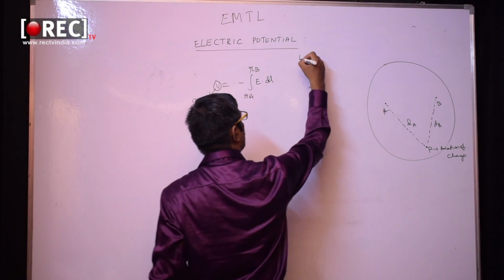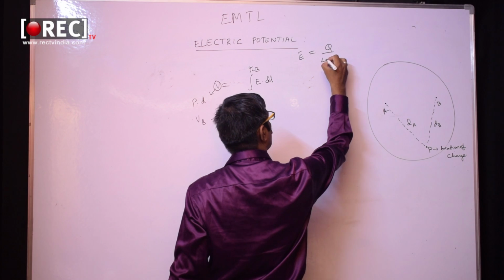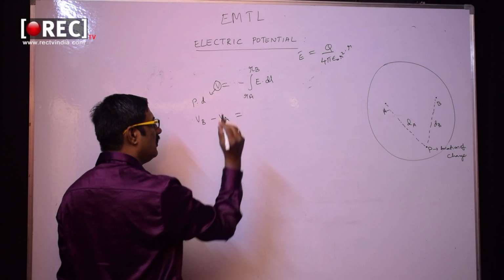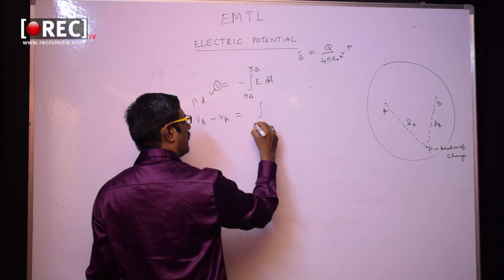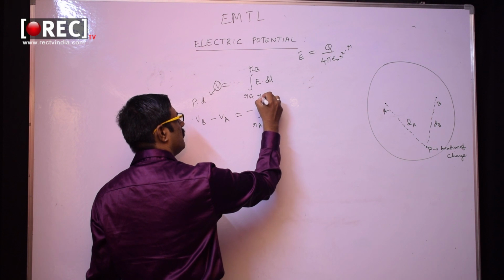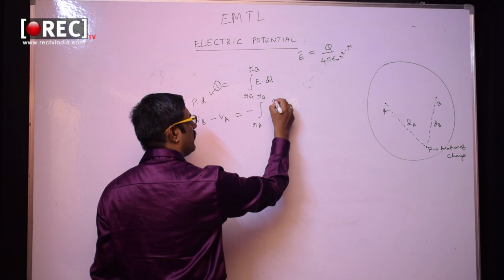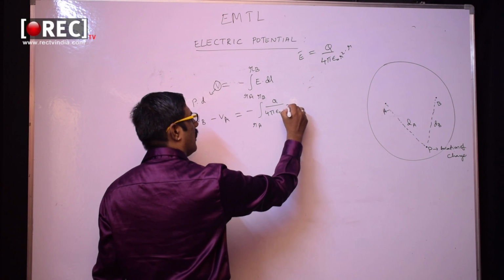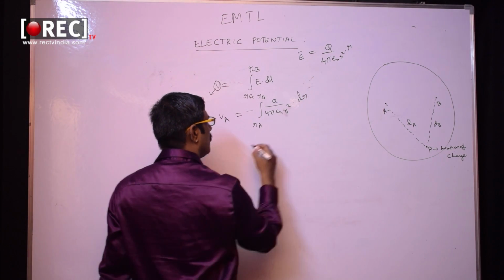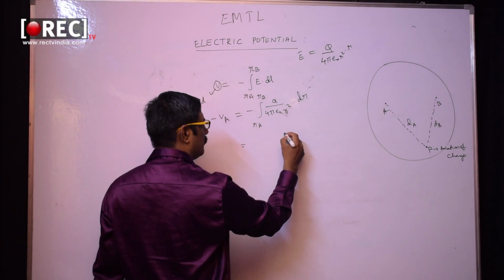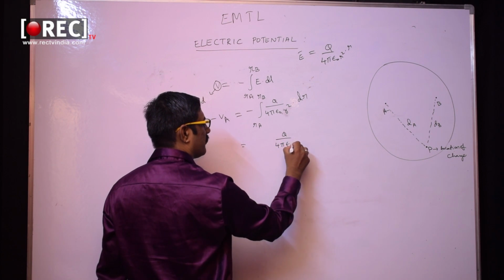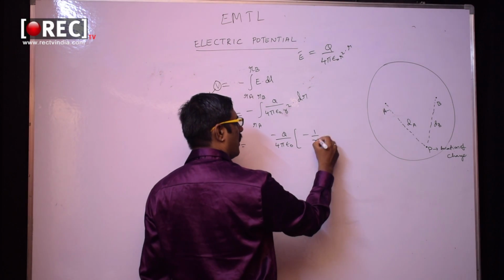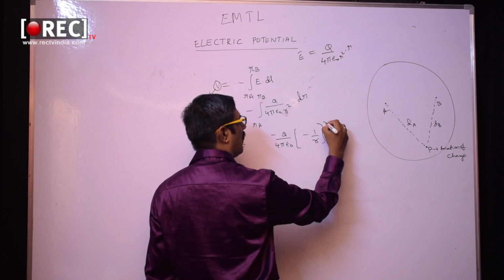We all know that due to a point charge, E is given by Q by 4 pi epsilon naught R square into R cap. So let us substitute the same formula here. It is minus integral from RA to RB of E bar, which is Q by 4 pi epsilon naught R square, and I can replace the length element with dr. So it is Q by 4 pi epsilon naught, which is a constant, with the minus sign outside, into minus 1 by R from RA to RB.